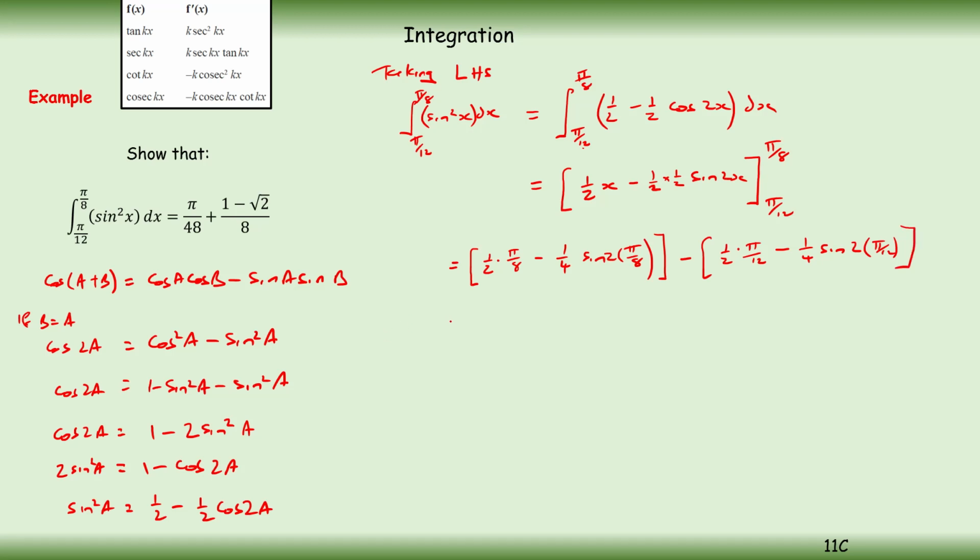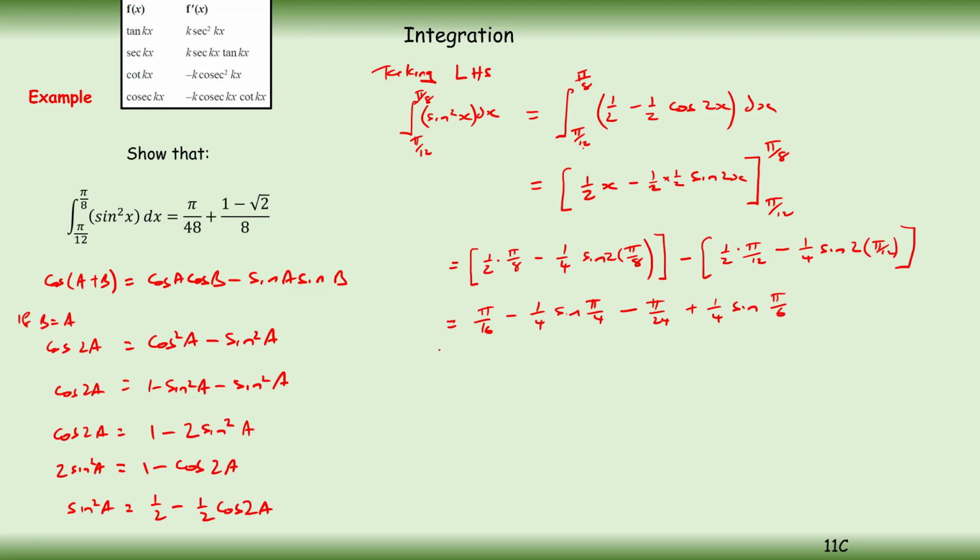Okay, let's try and simplify this. So we got pi by 16 minus a quarter sine of pi by 4. Tell you what, I'll leave the brackets off now. So minus pi by 24 plus a quarter of sine pi by 6.